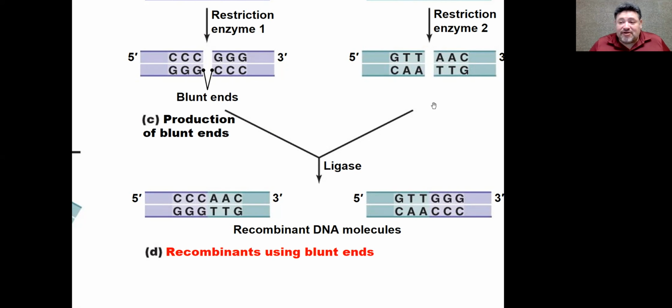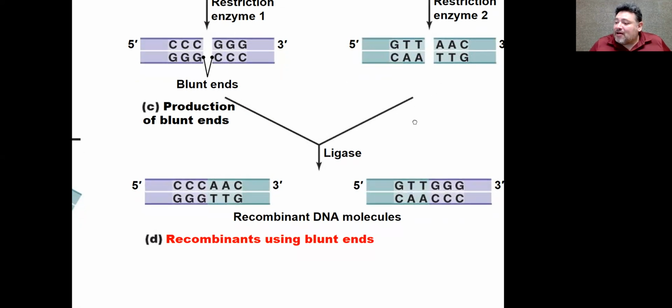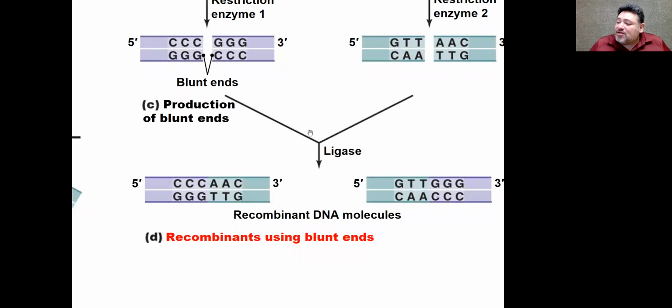But if they do, it's not going to matter where one came from and the other came from. Once they're together, use the enzyme ligase to make that last phosphodiester bond here and here, and now you've incorporated your gene of interest into your plasmid DNA. So that's the blunt ends.